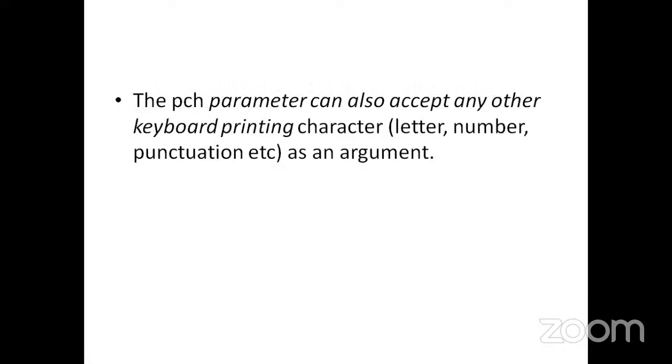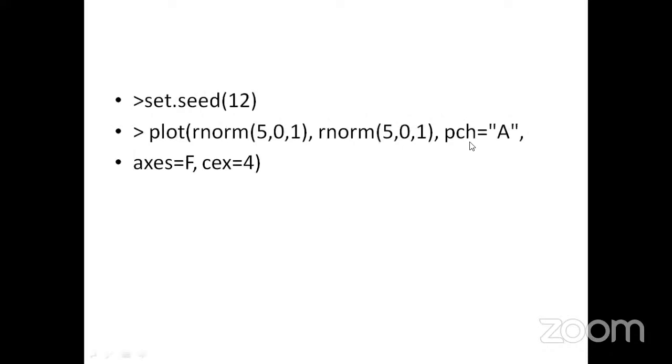Okay, the PCH parameter can also accept any other keyboard printing characters, that is a letter, number, punctuation, etc. as an argument. So suppose you are giving it as PCH equals A, you will be getting A in the graphs. So try this one also.